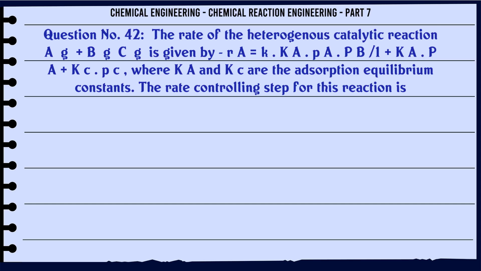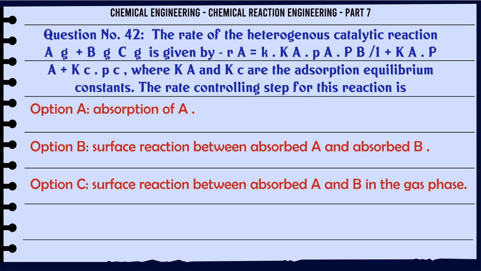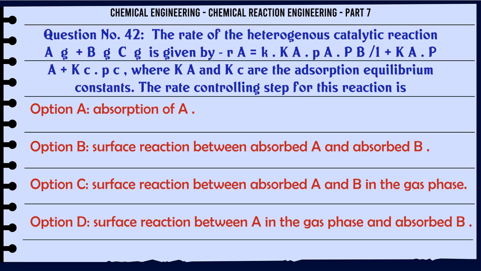The rate of the heterogeneous catalytic reaction A(g) + B(g) → C(g) is given by r = k Ka Pa Pb / (1 + Ka Pa + Kc Pc), where Ka and Kc are the adsorption equilibrium constants.